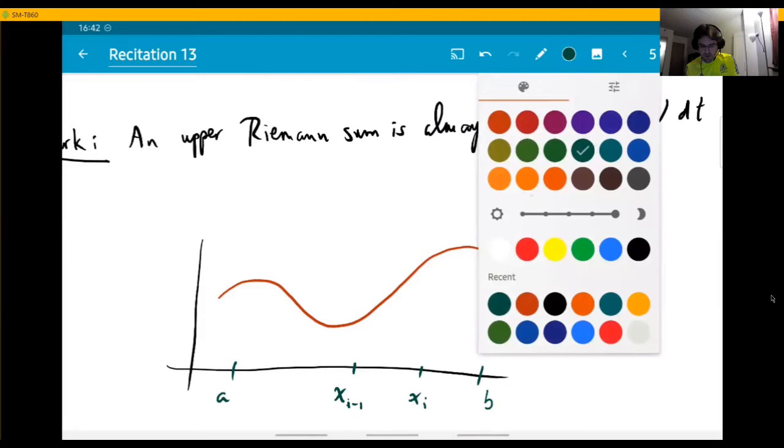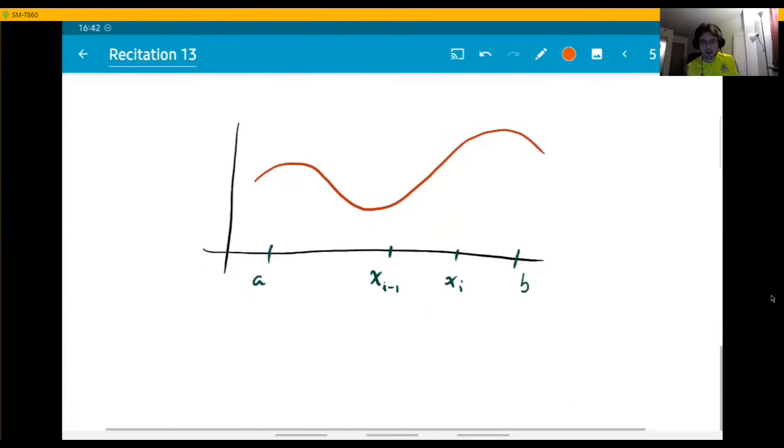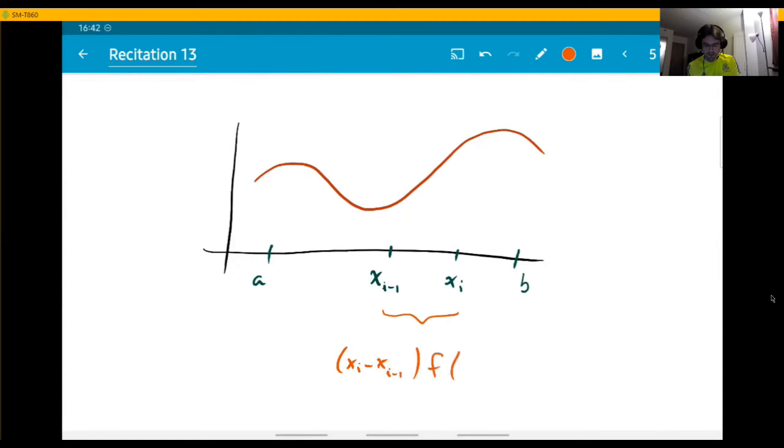So if you're calculating an upper Riemann sum, the part corresponding to this interval will have, first of all, the length of that interval, x_i minus x_{i-1}, times f of, in this case, x_i. When you look on this interval, what is the largest value that you can find for the function? It's up here at f of x_i.